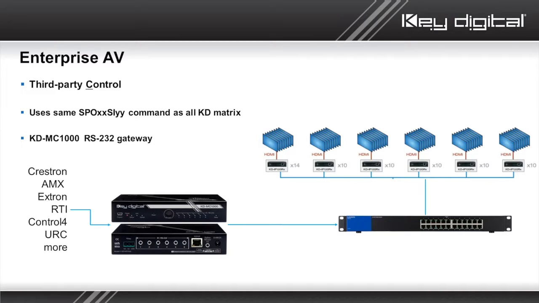And once again, that is thanks to the fact that KeyDigital is not only not a one-trick pony. We don't only make video over IP products or HDMI switchers. We also have the control system, and vice versa. We're not only a control system, we have the hardware to go along with it.